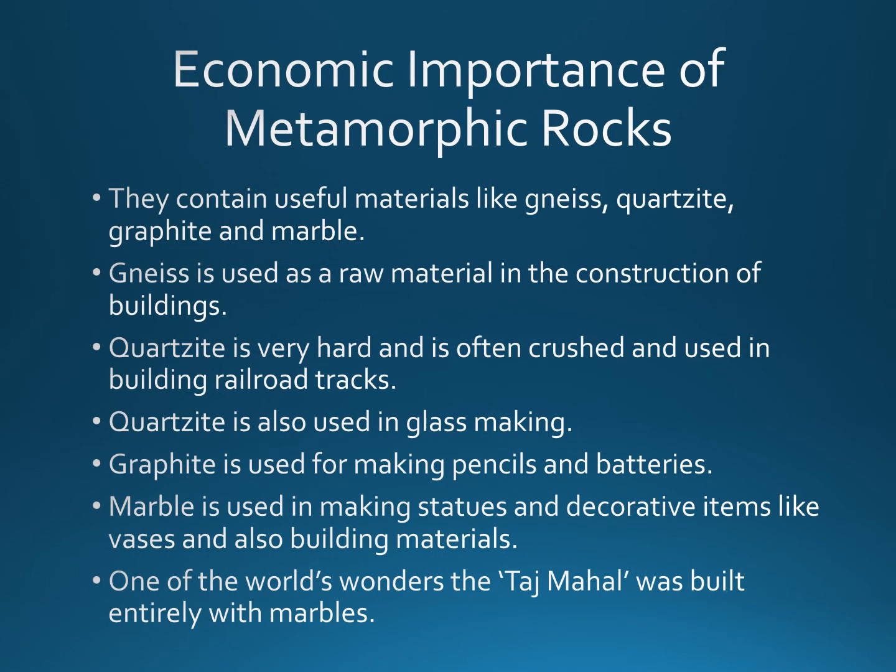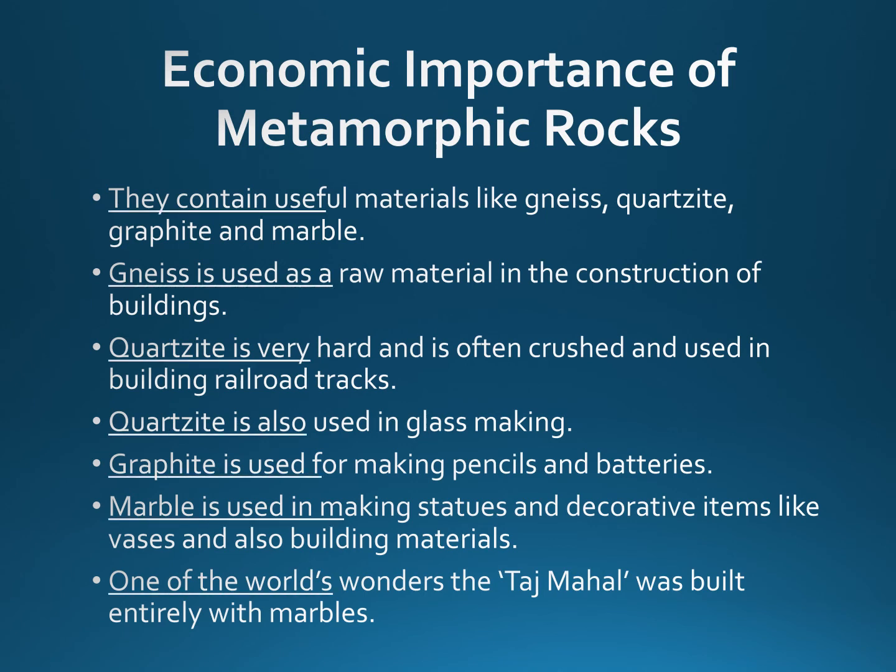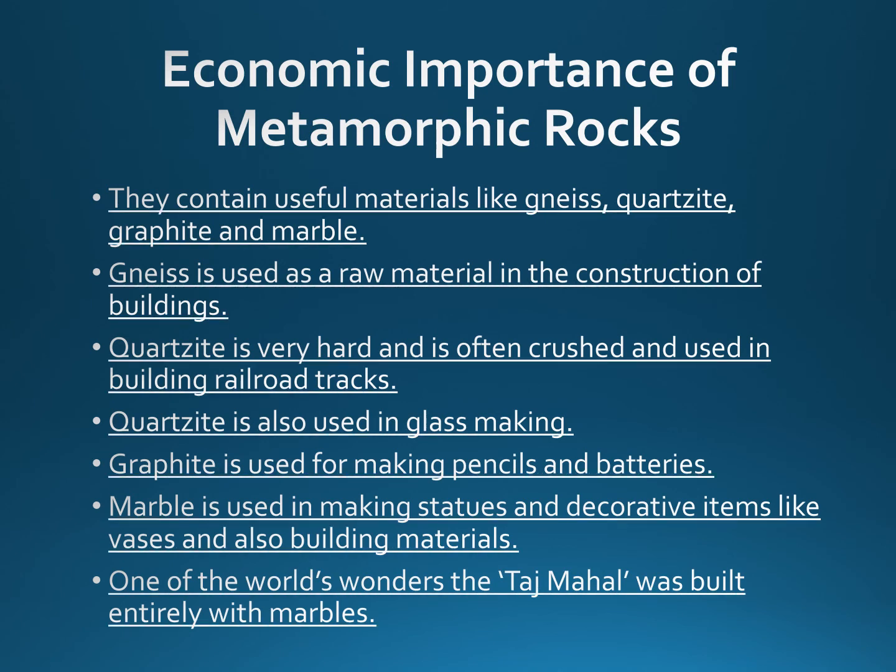At the end, let's talk about the economic importance of metamorphic rocks. They contain useful materials like gneiss, quartzite, graphite, and marble. Gneiss is used as a raw material in the construction of buildings. Quartzite is very hard and is often crushed and used in building railroad tracks.